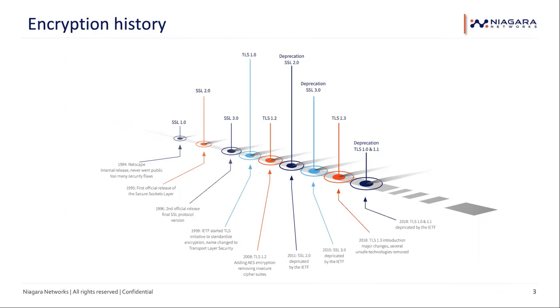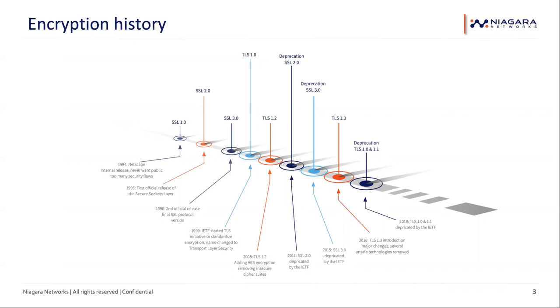In 1996-97, the IETF started a project to make SSL, or encryption in general, more of a standard. Microsoft didn't like the SSL acronym because it was from Netscape. In the end, the IETF decided to use the term Transport Layer Security.